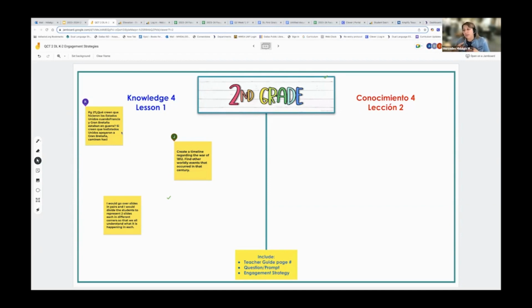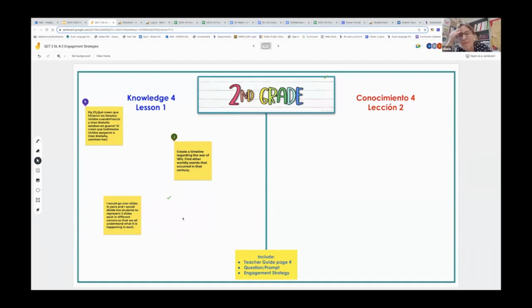Because if you have them do think pair share for something that is just very literal, it's not going to lend itself to long conversations. Okay, someone said go over the slides in pairs and go to different corners.